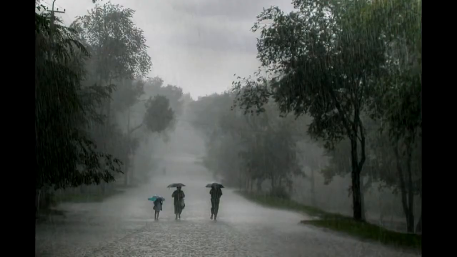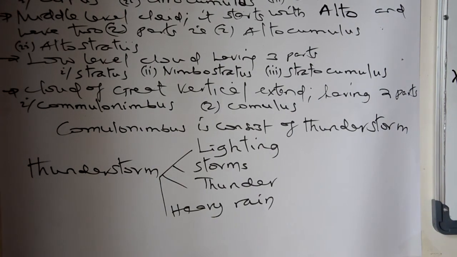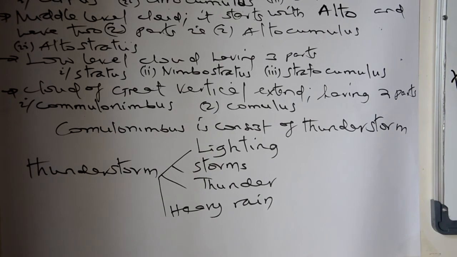But heavy rain, this is rain which occurs for a short period of time but can have more effect. It takes place for a short period of time, but there is heavy or huge destruction. Therefore, in order to call this a thunderstorm, it must consist of these 4 things.